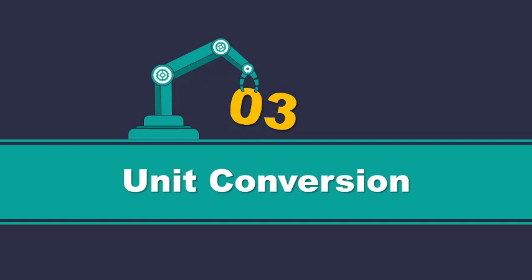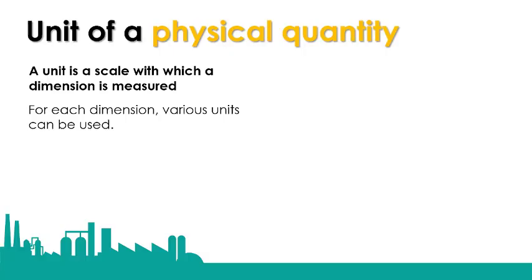In the following slides, we will discuss unit of a physical quantity, the SI unit system, and the relation between SI and non-SI units. Now, let us review unit of physical quantities.